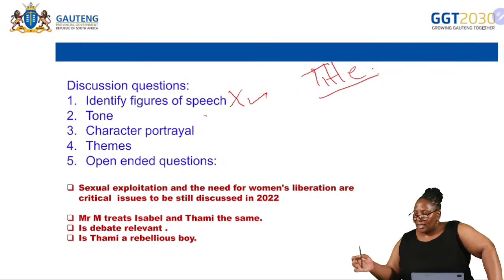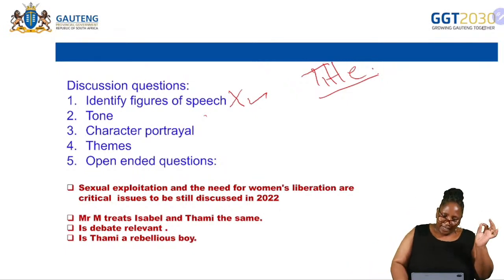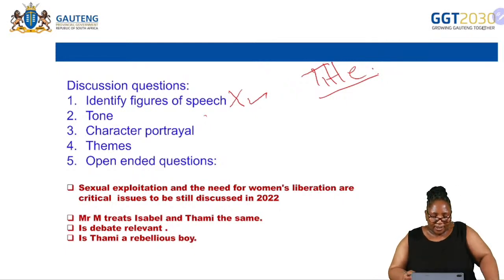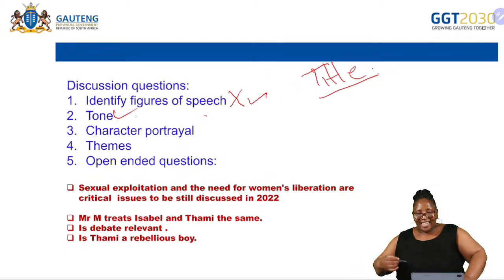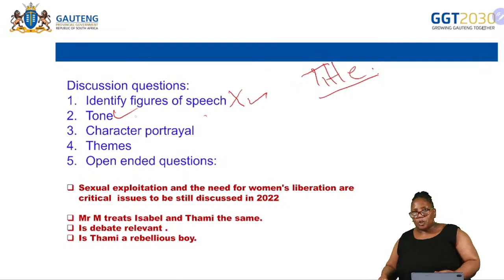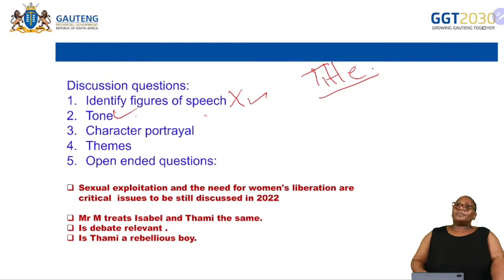You go back to the extract, write down all the figures of speech that you can get. If you are not sure, ask your teacher. Check the different tone that we saw or read about today. Tammy's tone, Mr. M's tone, and Isabel's tone.